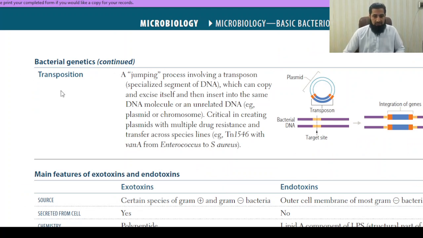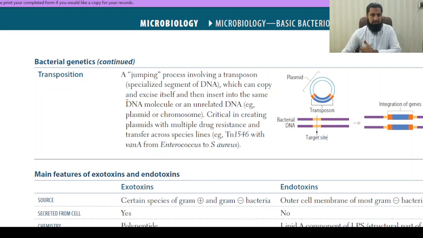Another thing is transposition. In transposition, this is the plasmid, this is the transposon gene, this is the bacterial DNA, and this is the target site. What happens? The transposon genes get incorporated into the bacterial genes. This DNA will be different from this one.